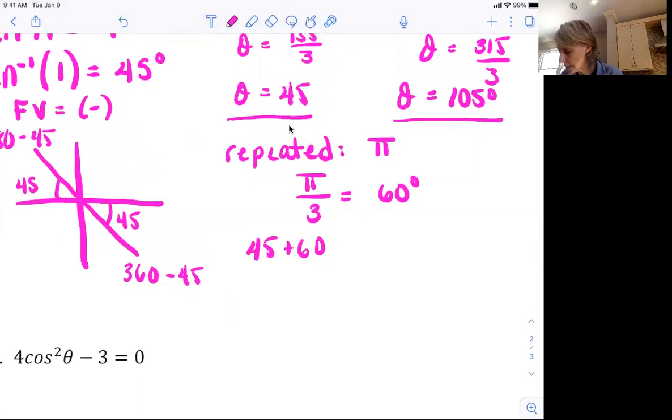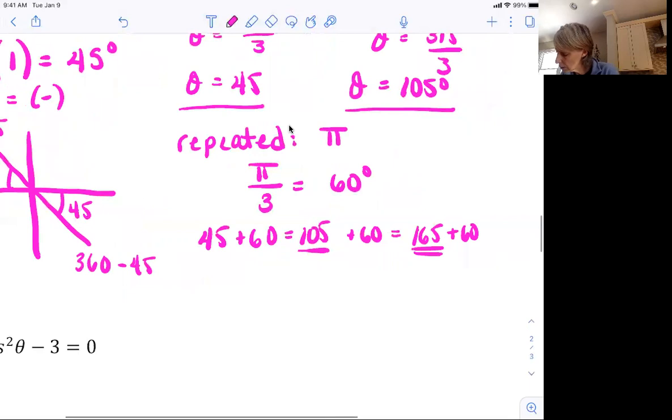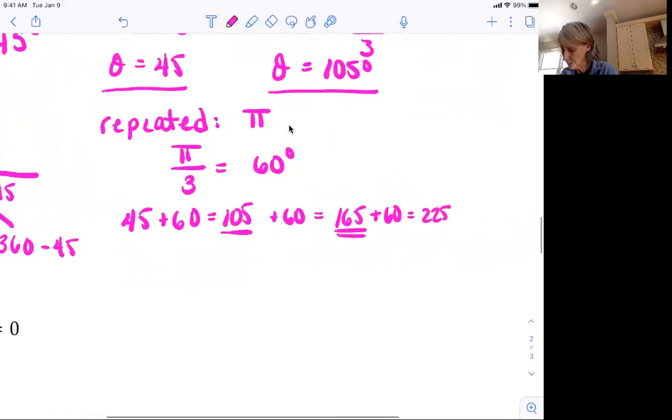45 plus 60 is 105. Plus 60 is going to be 165. Plus 60, because I'm still within 360 degrees, 225. Plus 60 equals 285.